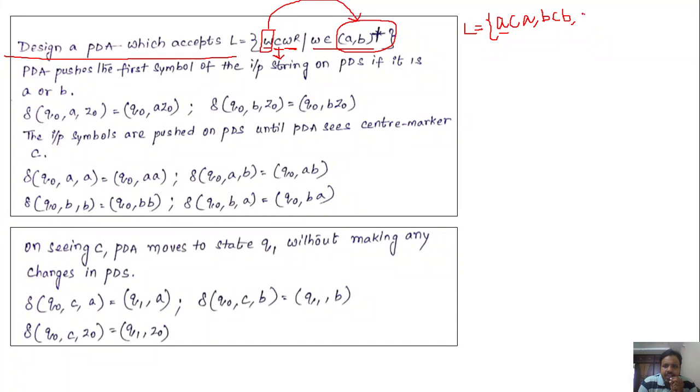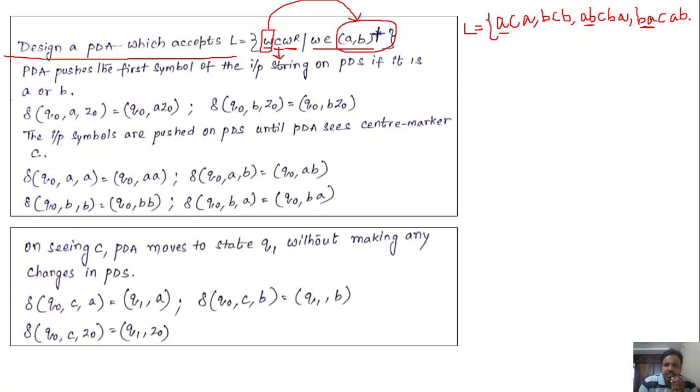Next, let me take the word as ab, followed by c, followed by the reverse of the word, which is ba. Next, take ba as a word, followed by c, followed by the reverse of this word, which is ab.